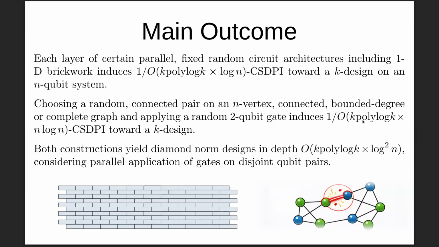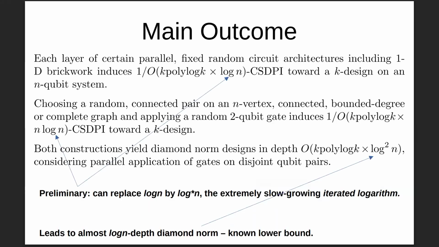Very preliminarily, I think actually these logarithms can be improved. This is a very preliminary thing, but you can do things recursively where you break down the logarithmic blocks into their own log n blocks, and then you break those into log n blocks.